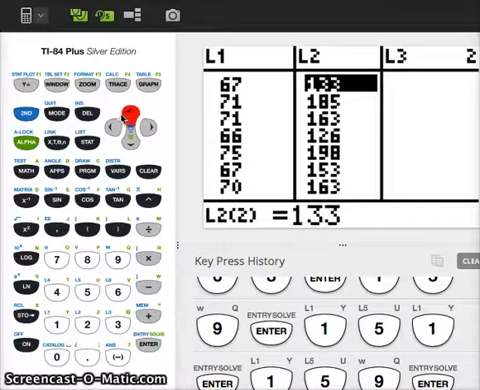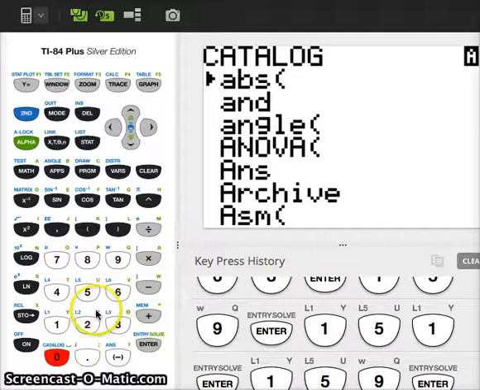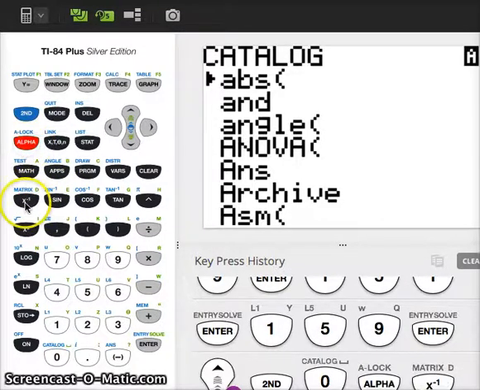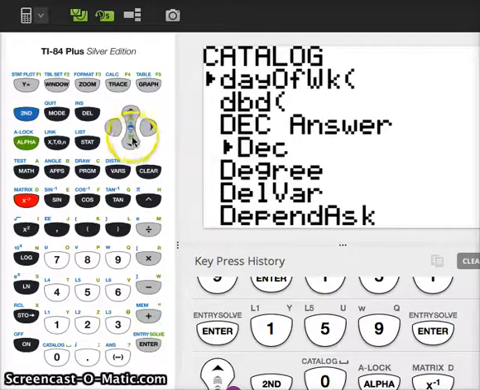All right, so now we're going to determine the regression line. But before we do that, we need to make sure our diagnostics are on. The way to do that is go to Second, Catalog. And you want to scroll down for the D's. I'm just going to do a shortcut.